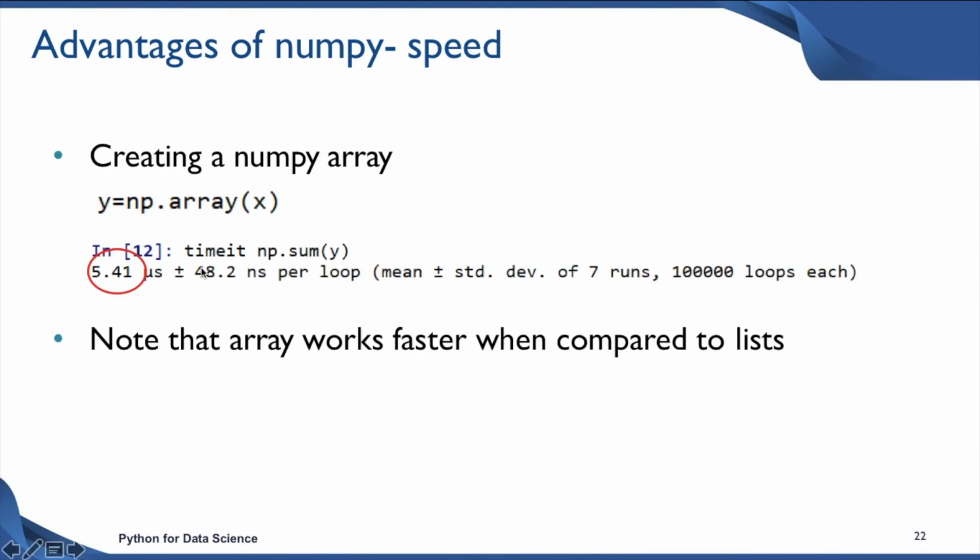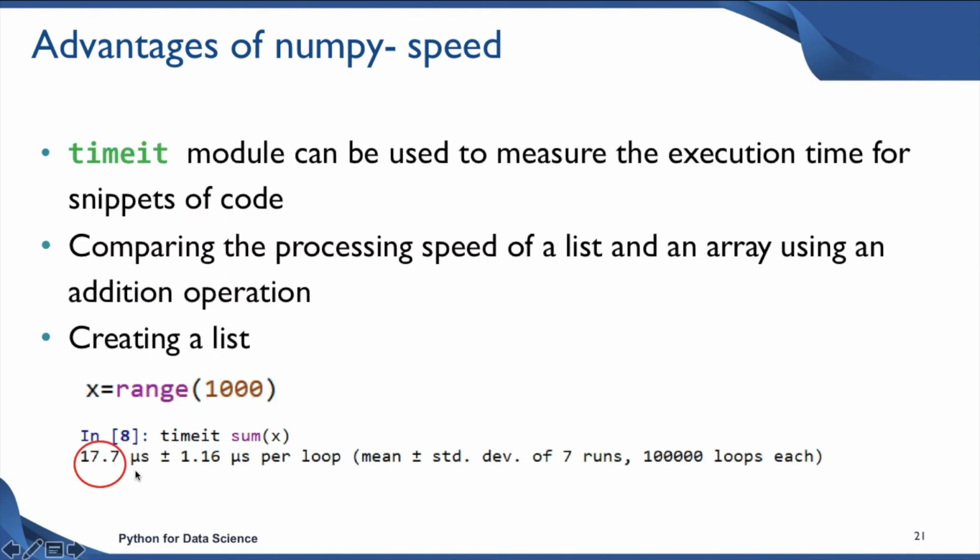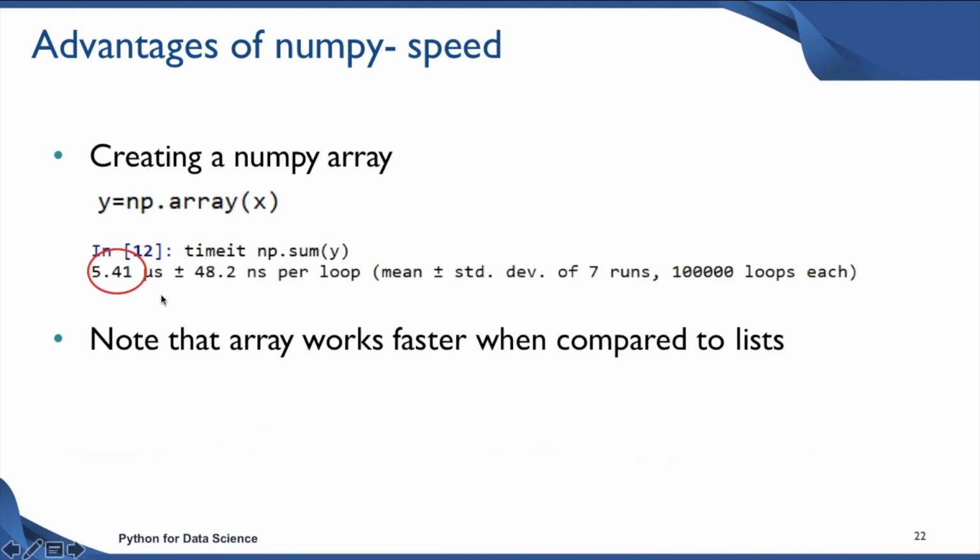But if you create a NumPy array and do the similar operation with np.sum, it takes 5.41 microseconds. So we can say that arrays work faster when compared to lists.